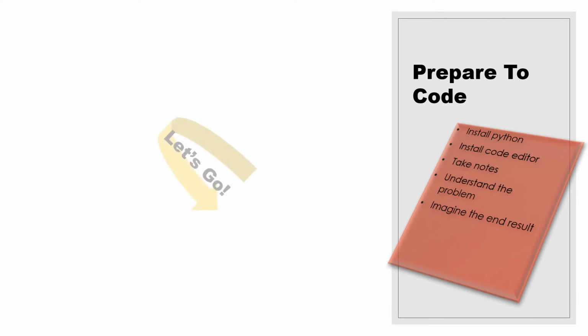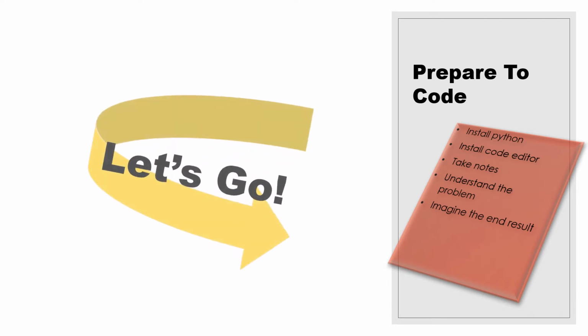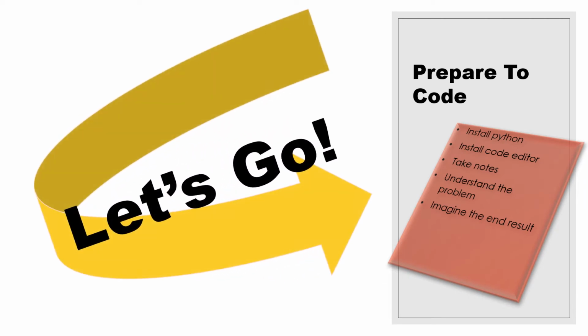Even though we won't be writing any line of code immediately, you must begin to think about the things that will be required of you and all the things that go into coding, like the tools involved. You'll first need to install Python, go to the python.org website, and then download that software. You can also install a code editor.